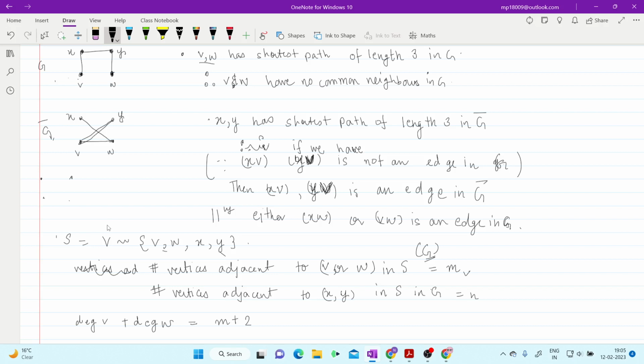In G, V is attached to X, so we'll have a plus 1 coming from that, and W is attached to Y, so we'll have a plus 1 coming from Y.